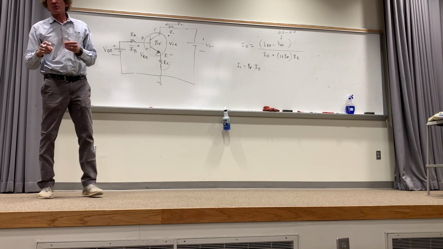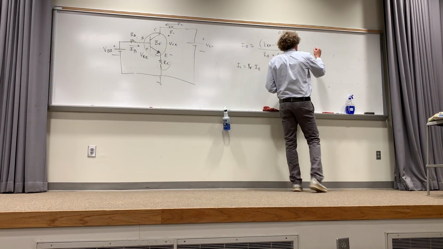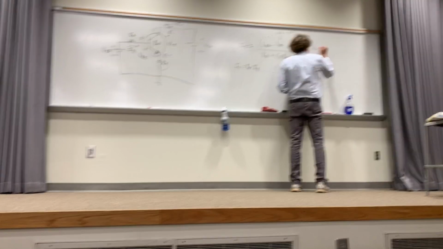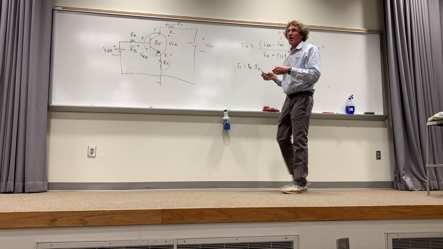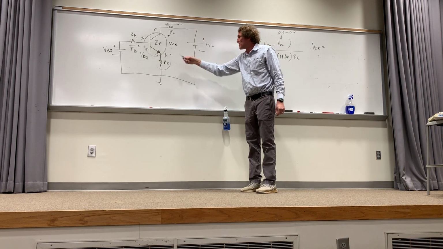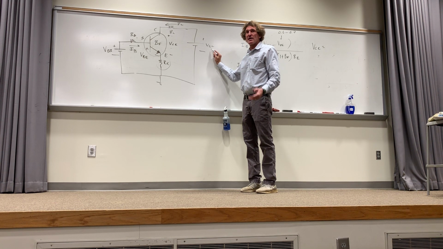Finally, to get the voltage across the collector and emitter, how do I do that? All right, let's talk about what's the maximum it possibly could be if there were no resistors there and there. Class? VCC, right? Whatever that voltage is, that's as much voltage as is available between the collector and emitter, correct?